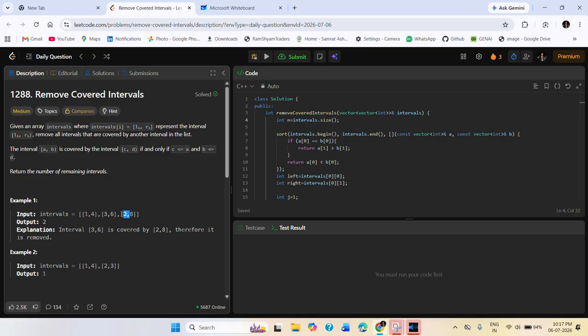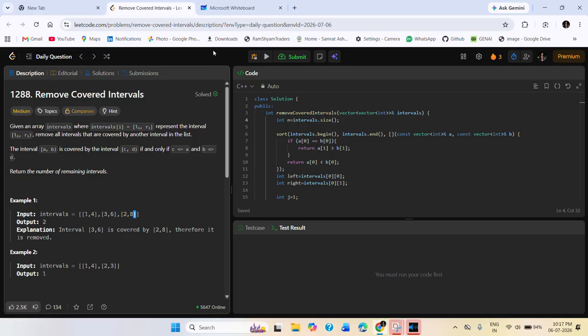If we analyze this, 3 to 6 is covered by 2 to 8, so we can directly remove it. So the number of intervals remaining is 2. We have to remove all those intervals which are covered by another interval.